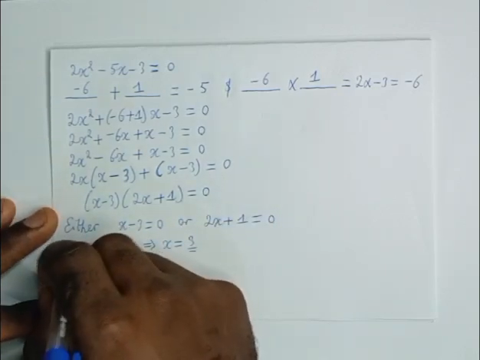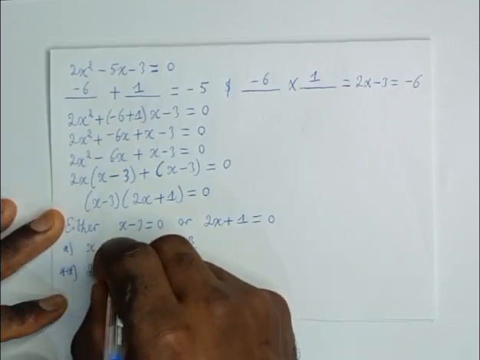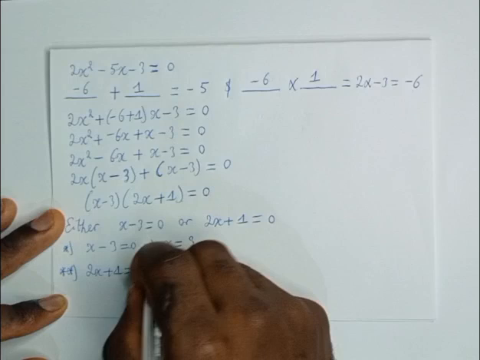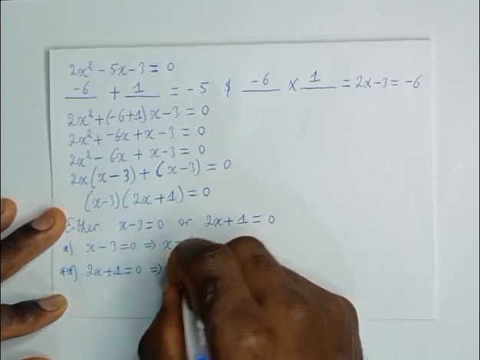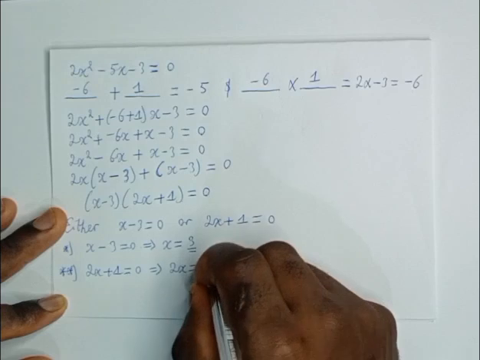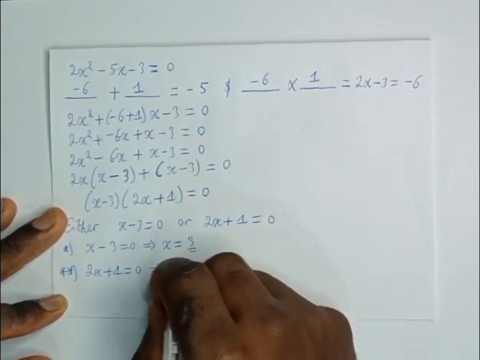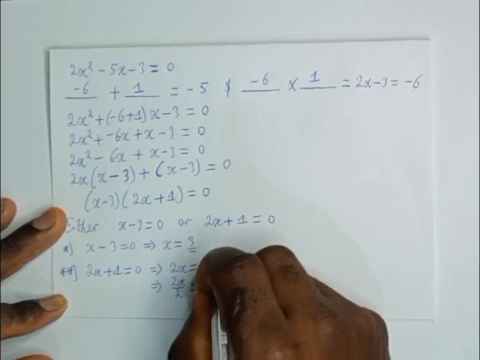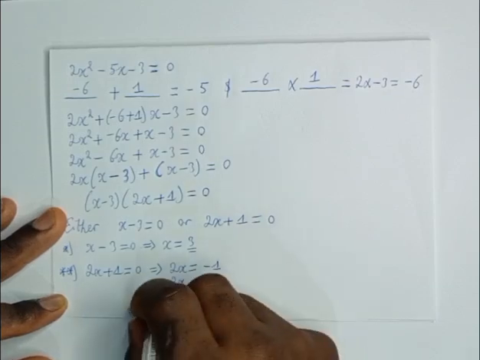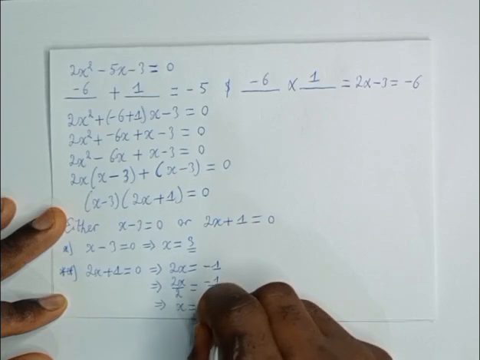The second one, we take 2x plus 1 equal to 0, then 2x will be equal to, we are going to transfer 1 to the right hand side, gives us negative 1. Next, we divide both sides by 2. 2x divided by 2 will be equal to negative 1 divided by 2. Then, x will be equal to negative a half.